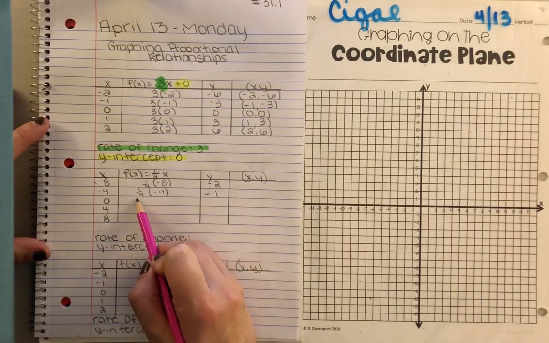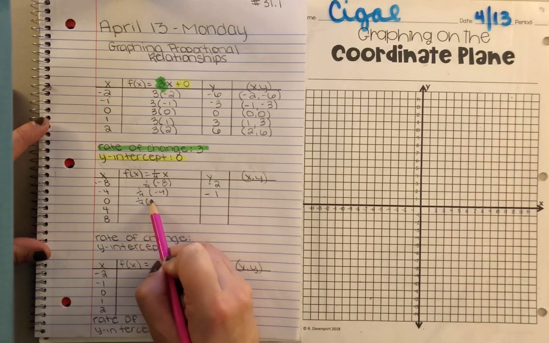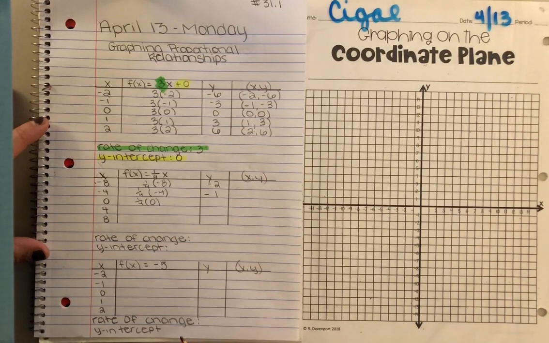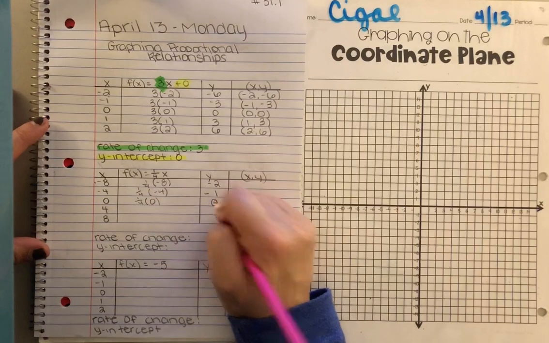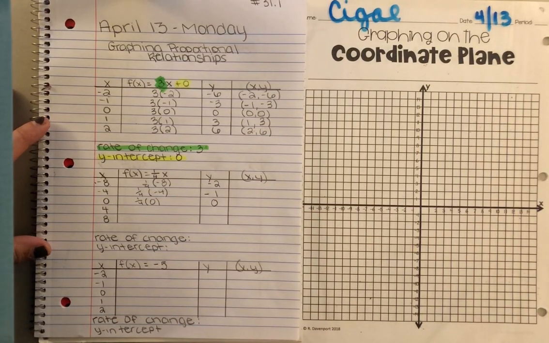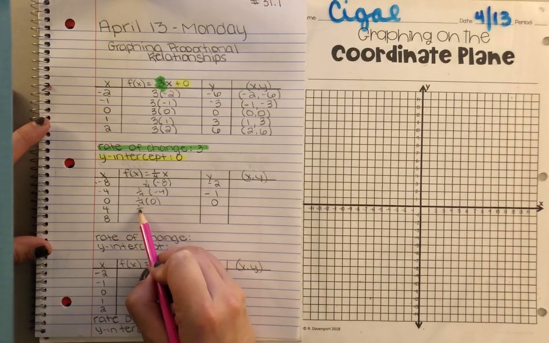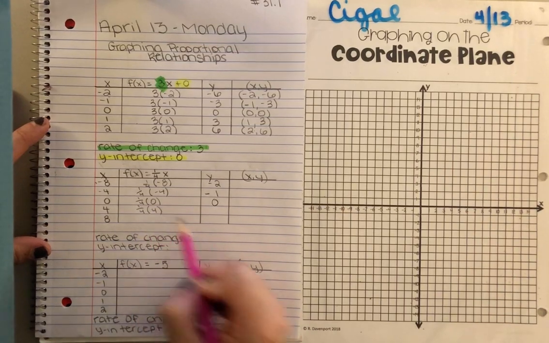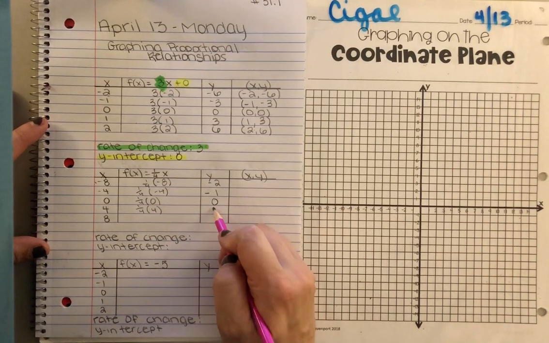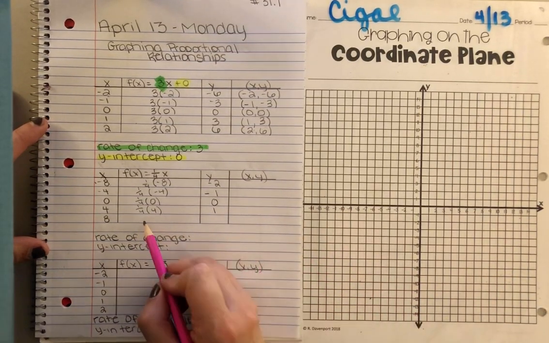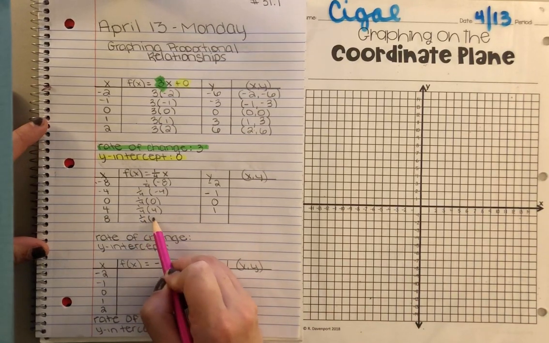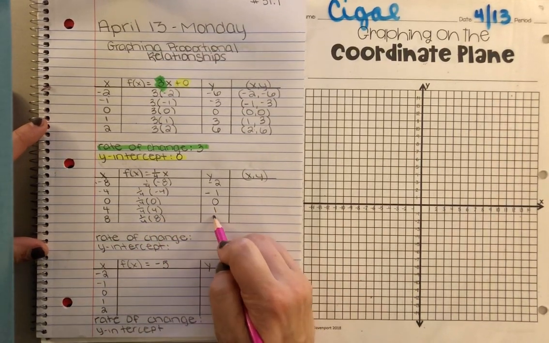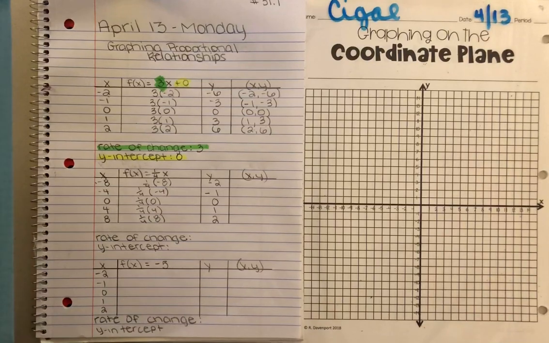Next one, we're going to be doing 1/4 of 0, but anything times 0 is 0. Next I have a positive 4, so we're doing 1/4 times 4, and that's positive 1. And finally we need 1/4 of positive 8, so that gives us positive 2.